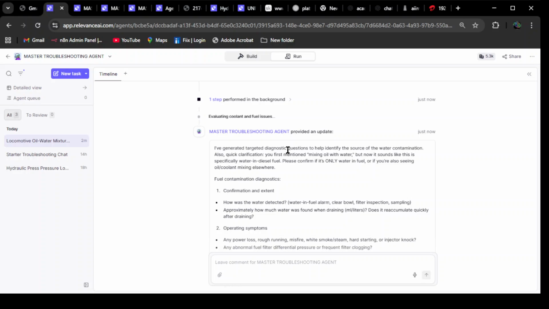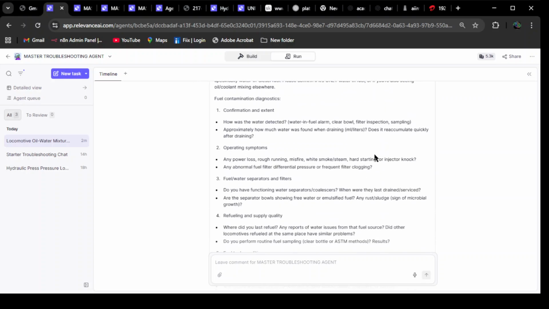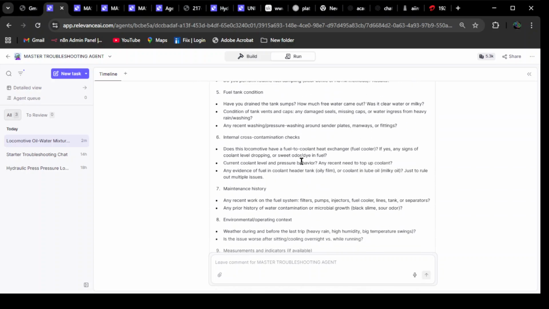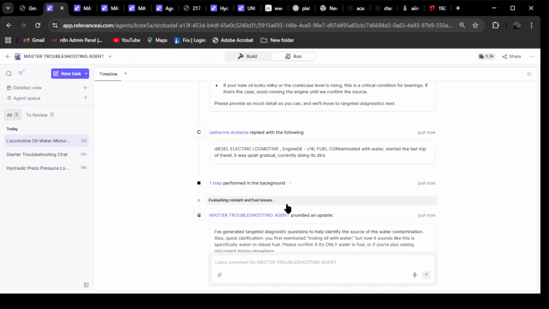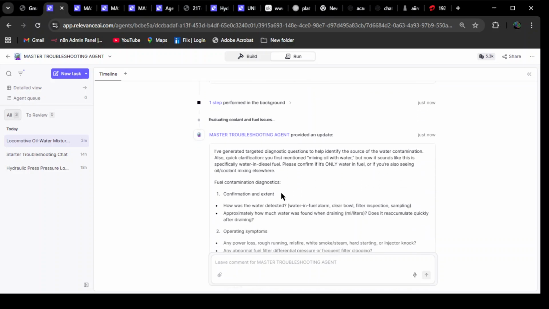I've generated targeted diagnostic questions to help identify the source of the water contamination. So I'm to answer as many questions as I can, so that it can determine the actual root cause.